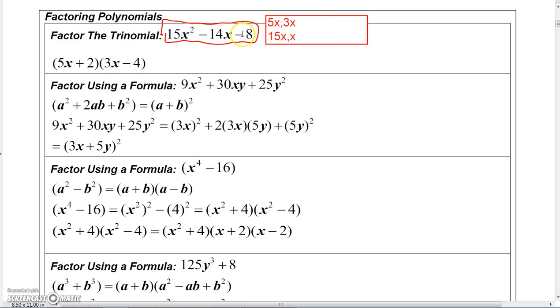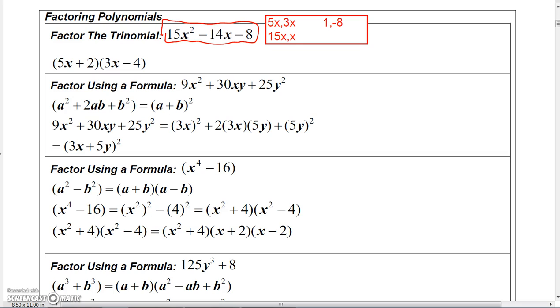Since it's minus, it could be a -2 and a +4, or it could be the opposite signs, +2 and -4, okay? Or it could be, what else? 8 and -1, right? Or -1 and 8, or it could be +1 and -8, okay?